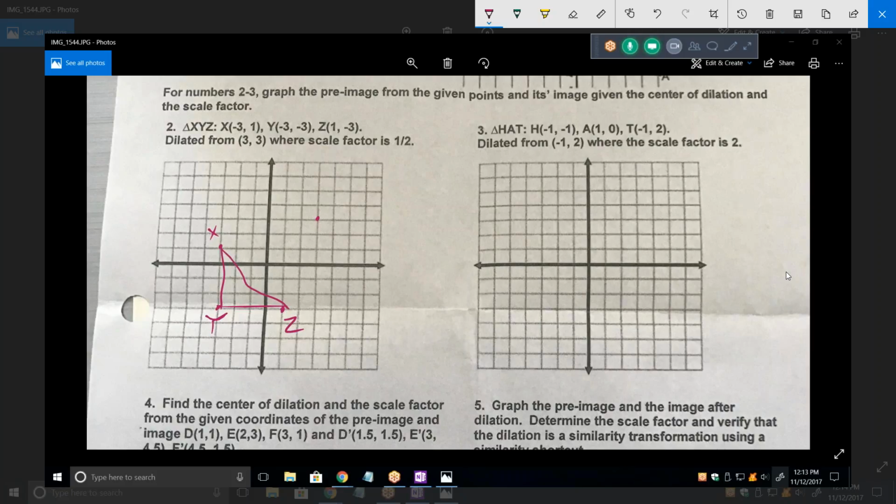What's the next thing I should do? So remember how you get the center of dilation. You connect the vertices.